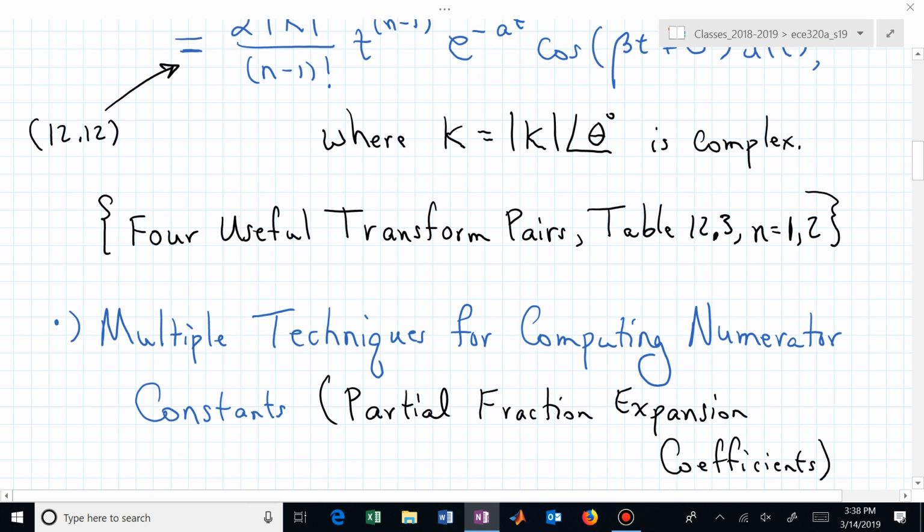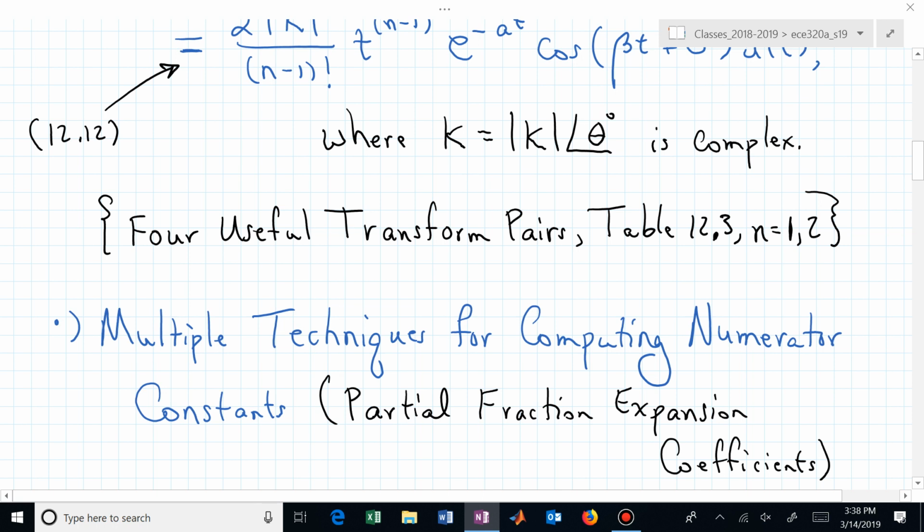When we have repeated roots, the cover-up method falls apart when we're trying to find these partial fraction expansion coefficients. And that's why we're going to talk about different ways or multiple techniques for computing these numerator coefficients.